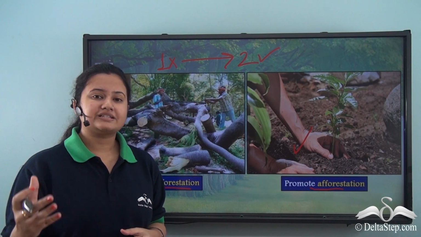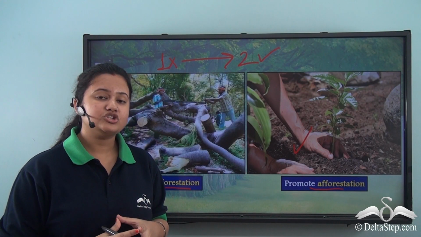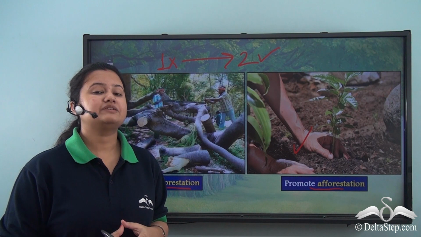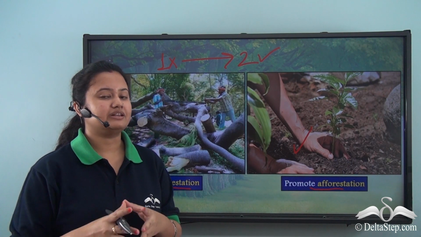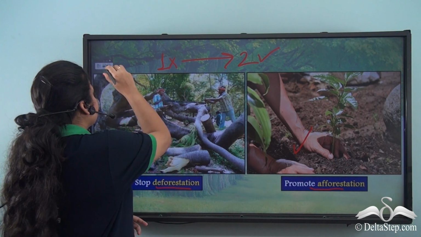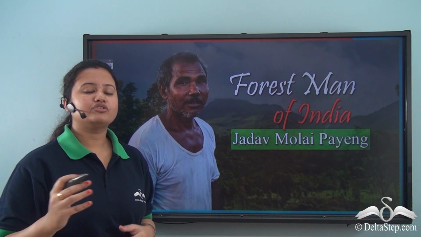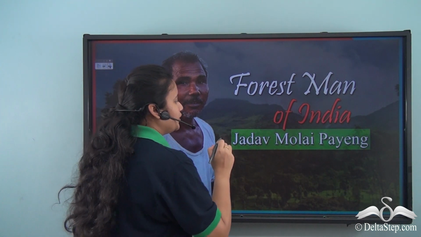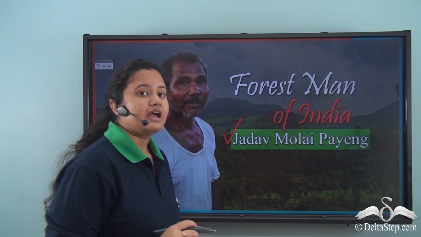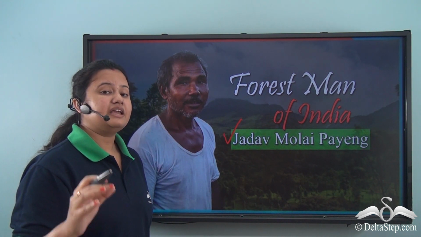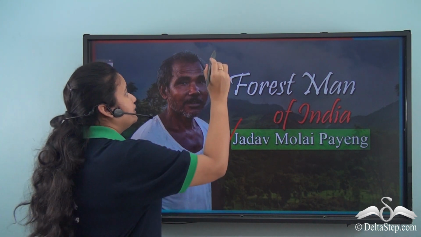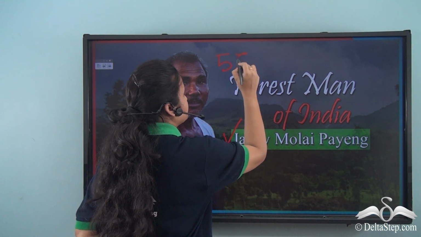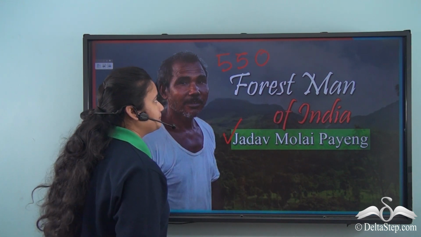Now, in order to explain what and how an individual can make a difference, let me tell you an inspiring story in this context. A man from Assam named Jadav Molai Payeng single-handedly made a forest on 550 hectares of barren land.